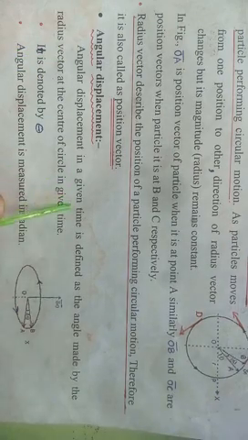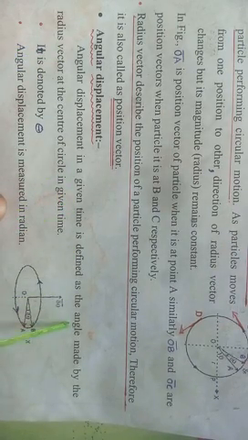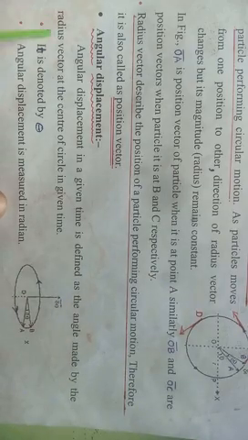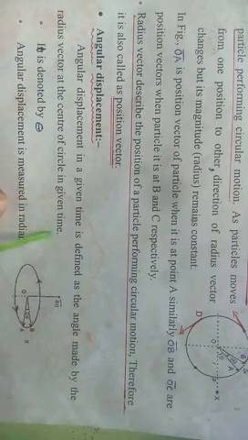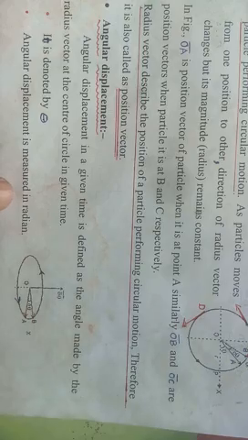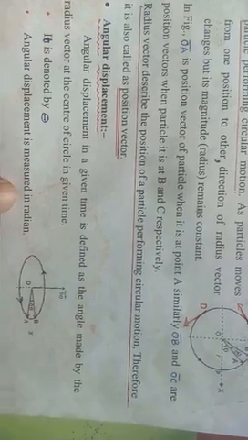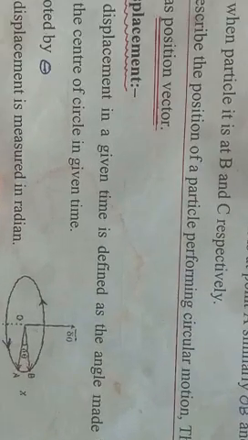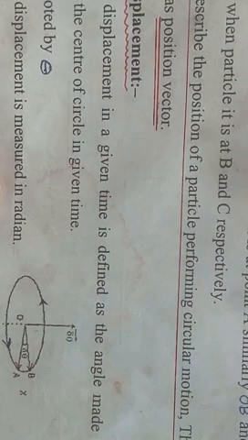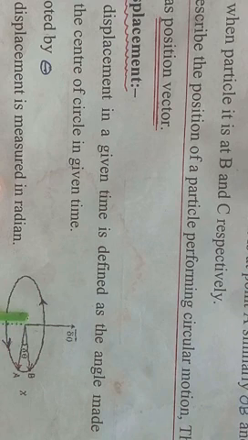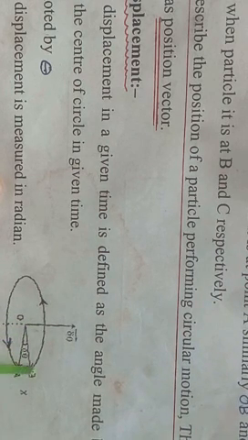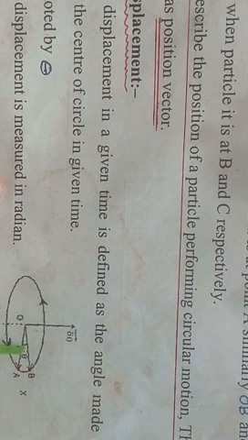Angular displacement in given time is defined as the angle made by the radius vector at the center in given time t. Now here in the figure, when the particle is at point A, its radius vector is OA bar. In short time delta t, it moves from A to B. That means the radius vector makes an angle delta theta here at the center.